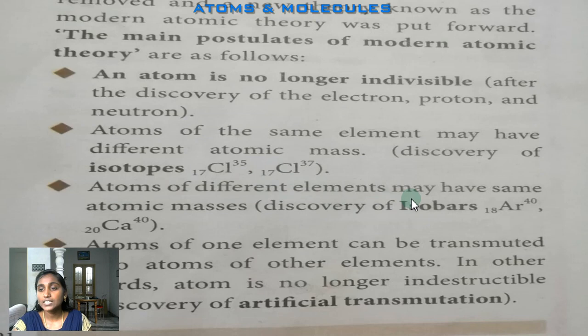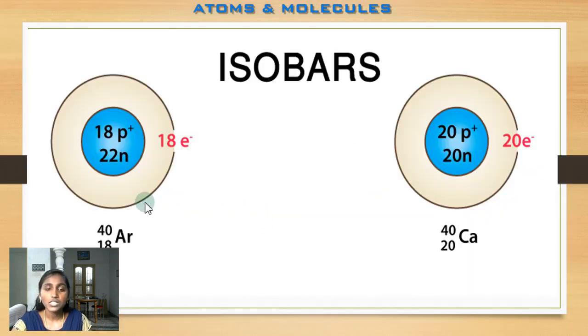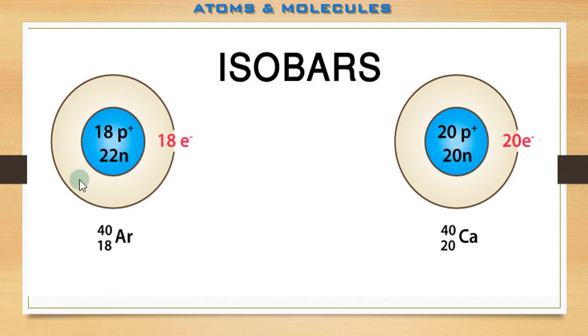Atoms of different elements may have the same atomic masses. Discovery of isobars: argon 18-40 and calcium 20-40. So see this picture. In this, argon has a nucleus. This nucleus contains 18 protons and 22 neutrons. So here 18 protons and 18 electrons. So argon's atomic number is 18, but mass number, that means atomic mass, is 40.